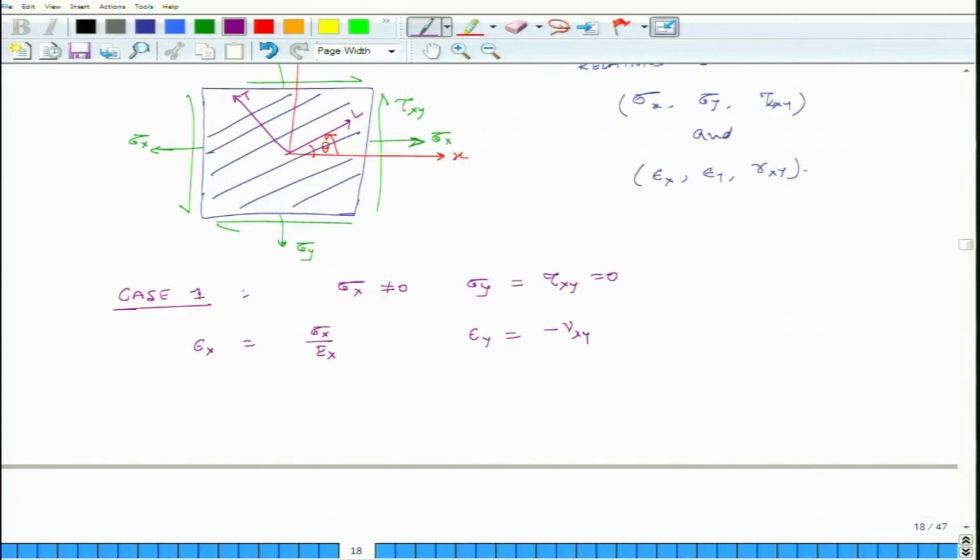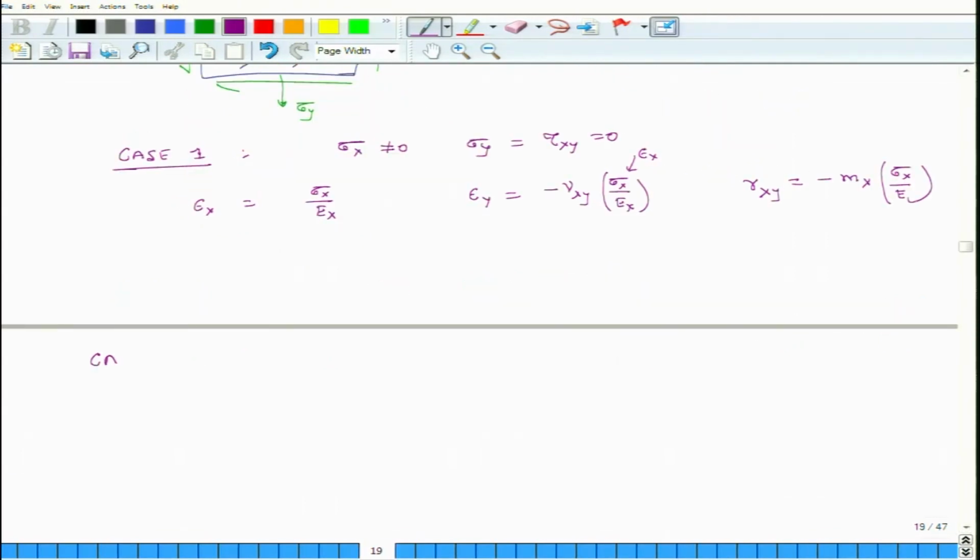Minus nu xy, first index x which indicates the direction of the external load, second index y which indicates the direction of the extensional strain, times sigma x by Ex, because this is nothing but epsilon x, and it will also exhibit a shear strain, and that we define with one constant, minus mx times sigma x by EL.